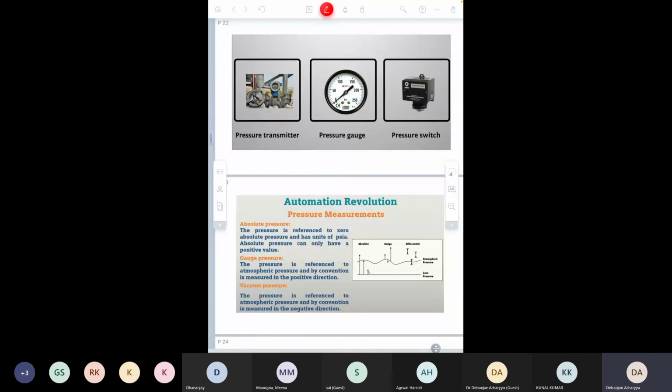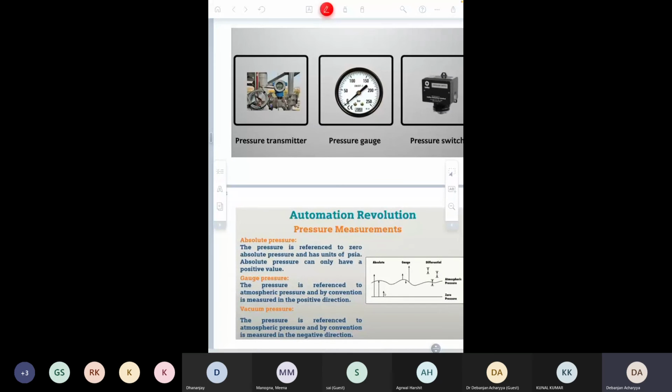In pressure measurement, you have seen different pressure transmitters, pressure gauges, and pressure switches. What is the difference between transmitters and sensors? A sensor only senses the physical parameter, but a transmitter senses as well as transmits that data to a remote location or nearer to the sensing position.